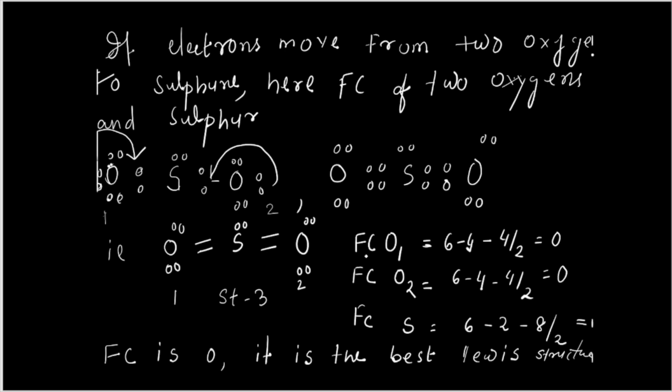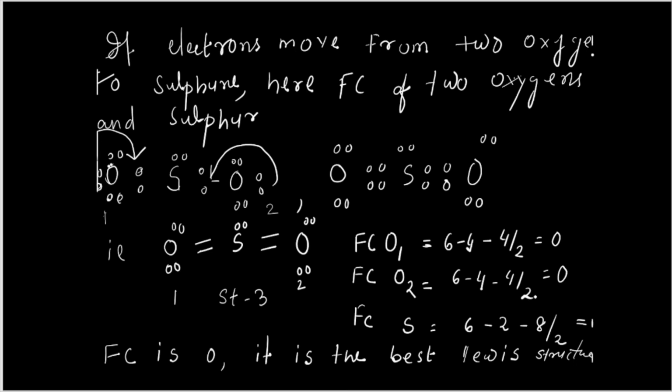Now see the calculation. Formal charge of oxygen 1: 6 minus 4 by 2. This is the bonding electron, this is the non-bonding electron, this is the valence electron. Similarly Fc 2 also you can find: valence electron 6, non-bonding electron 4, and bonding electron also 4, by 2, that is equal to 0.